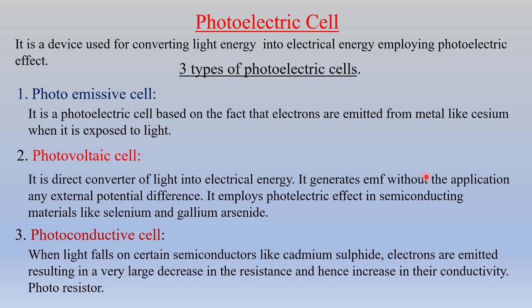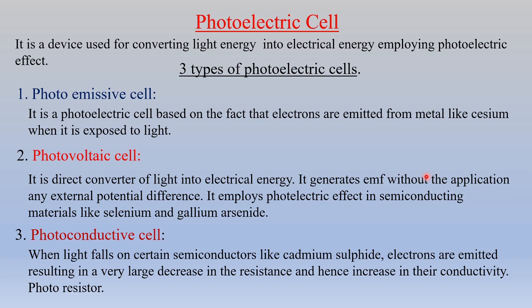So with materials like cadmium sulfide, when the light is incident, the electrons are emitted. Due to the particular nature of cadmium sulfide, when the light is incident, all of a sudden a large number of photoelectrons are emitted, resulting in a large decrease in the resistance of the material and hence an increase in its conductivity.